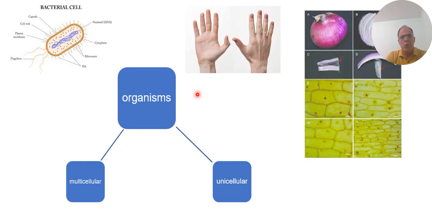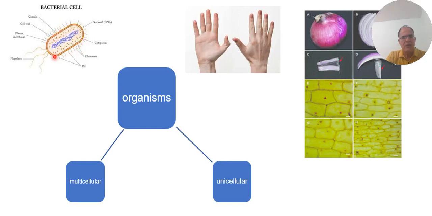Overall, in biology, we can divide living organisms into two main categories: unicellular and multicellular. Unicellular means these creatures are made up of just one cell, such as bacteria.